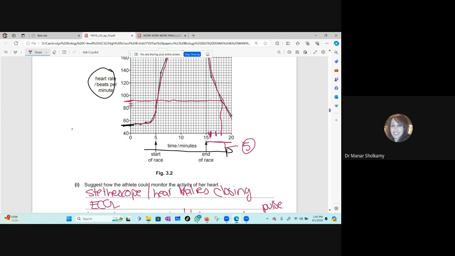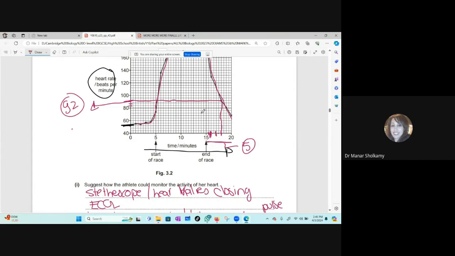So every small box on the y-axis is 4. So this is 1, 2, 3. 4 times 3 is 12, plus 80, this is 92. This value is 92. So in this question, they are testing how you can obtain values from the graph.